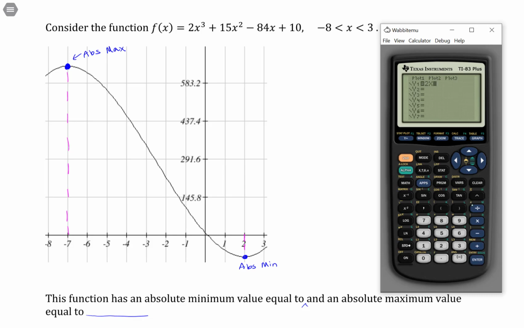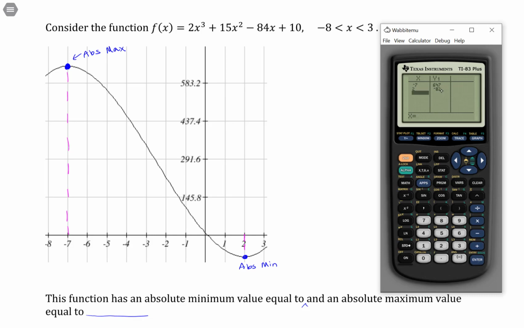So 2x cubed plus 15x squared minus 84x plus 10. All right, I'm going to use a table. So I'm going to make sure my table is set up properly, and it is not. All right, now I want to evaluate this at -7 and at 2.